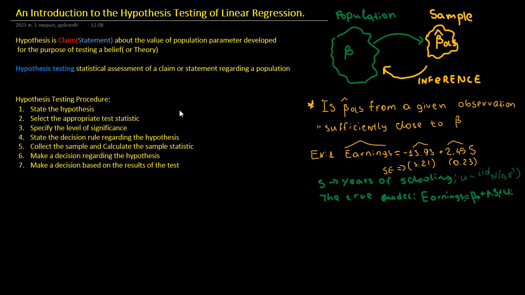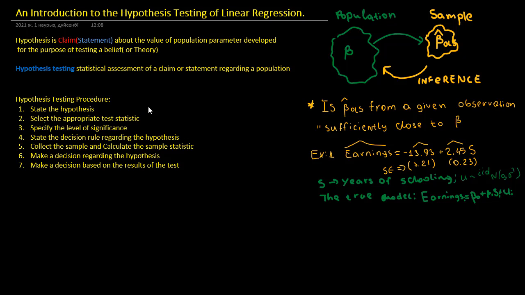The standard error of beta 0, the intercept, is 3.21, and the standard error of the slope is 0.23. The error term is normally distributed with mean 0 and variance sigma squared. The true model is earnings equals beta 0 plus beta 1 S i plus U i.